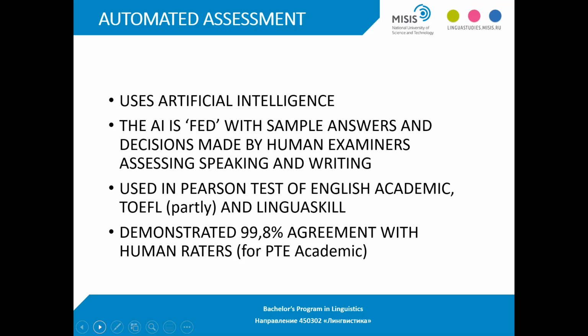And by means of this comparison, this matching, I would say, it makes a decision that, well, this essay needs to be given 2 for communicative achievement, 3 for language, and, for example, 4 for text organization.